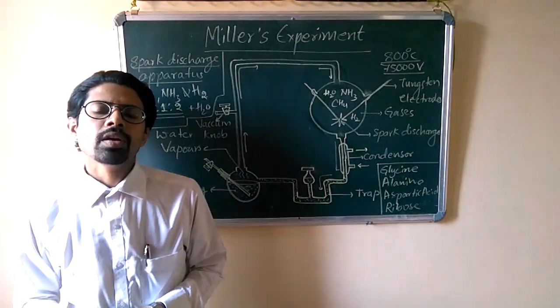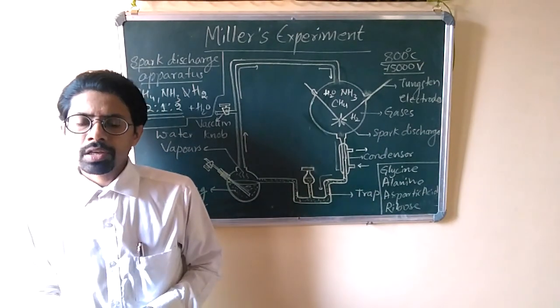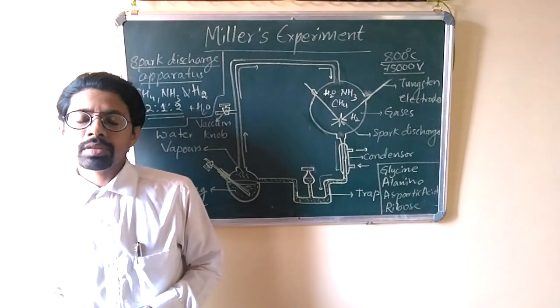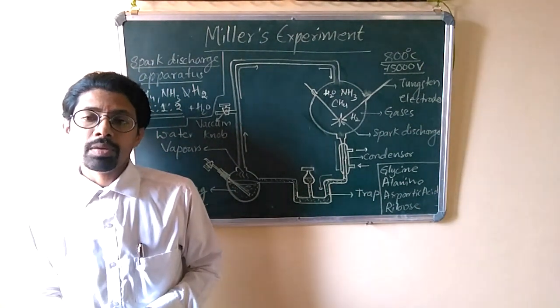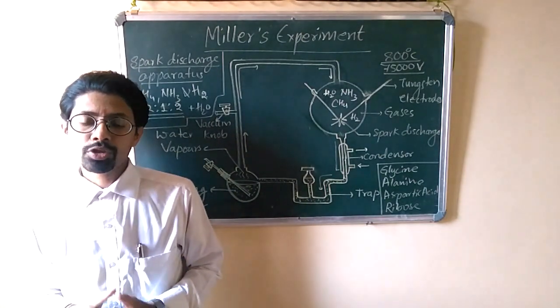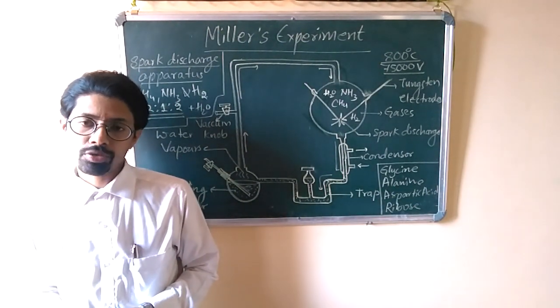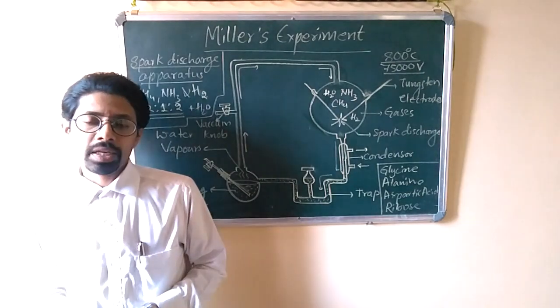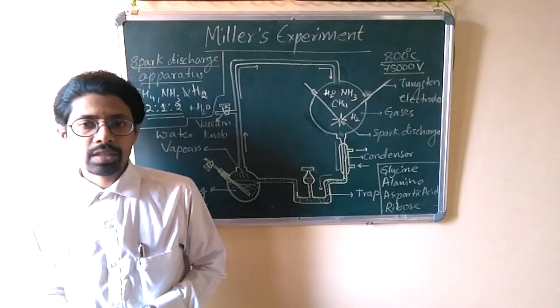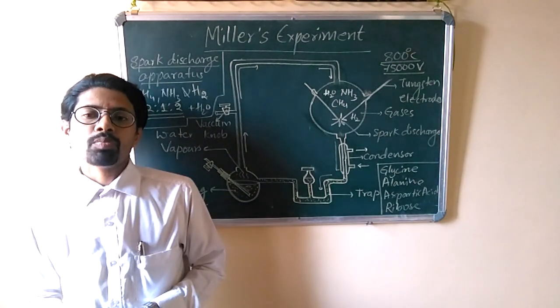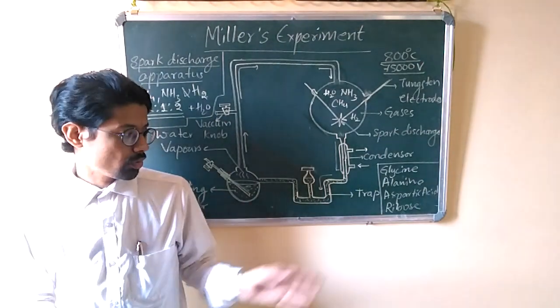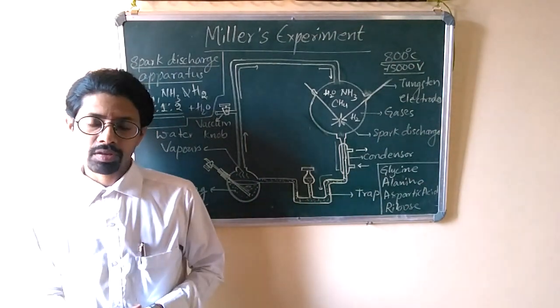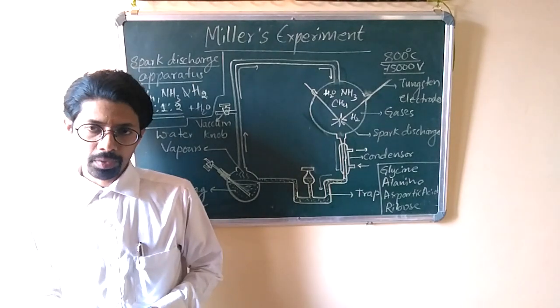In your entrance exam, the important things that are asked include the ratio. Sometimes the gases ratio is asked, the temperature maintained in the apparatus, the voltage maintained in the apparatus, and the products which were produced from Stanley Miller's chamber.